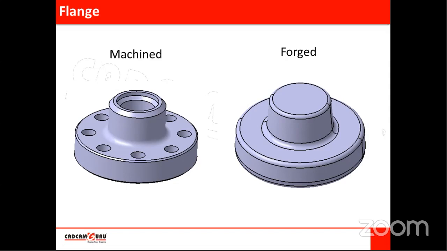In past years, when these 3D modeling softwares were not there, after receiving this type of finished product, they had to create a forging drawing for this, using drafting tools, considering all these parameters like draft angle, parting line, fillet, corner radius.